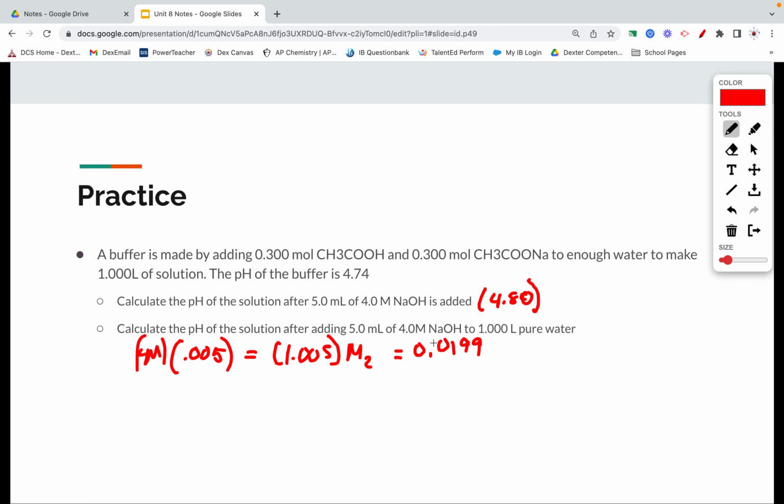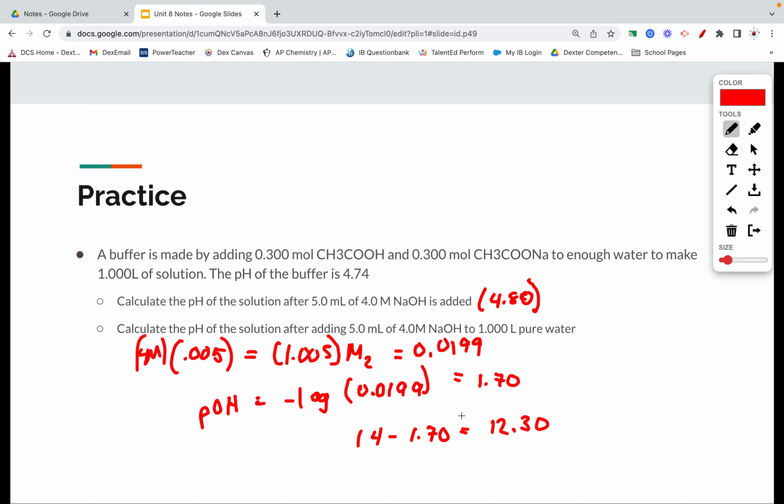Because we're just adding hydroxide, we don't have to do anything else. We can define the pOH as the negative log of 0.0199, and we end up with 1.7. To find the pH, it's 14 minus the pOH, and we get 12.30.